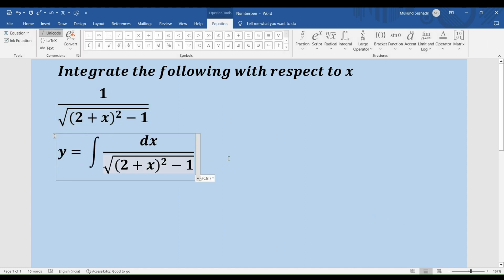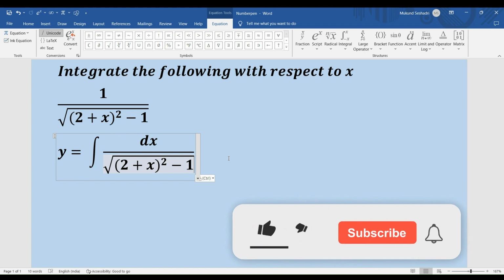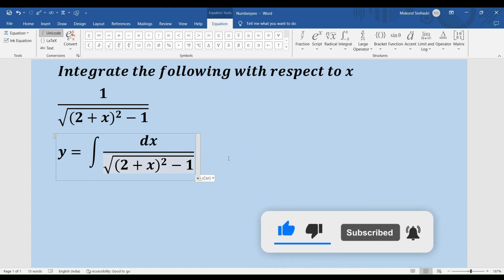So that's my y, and I know that my y is not in a very simple format whose antiderivative I know from first principles. But when I take a closer look at this, I see that I have a square root in the denominator, and within the square root, I have (2 plus x) the whole square minus 1. And what does that indicate to me?